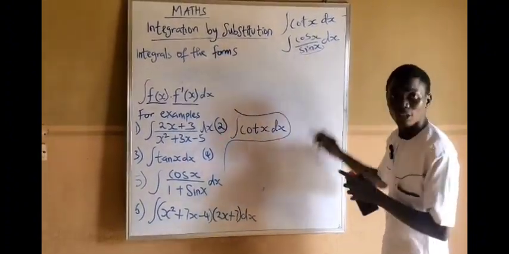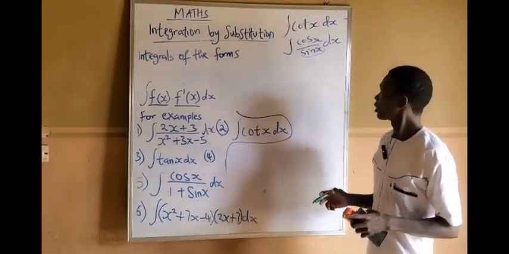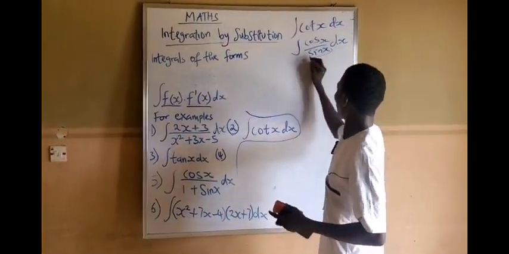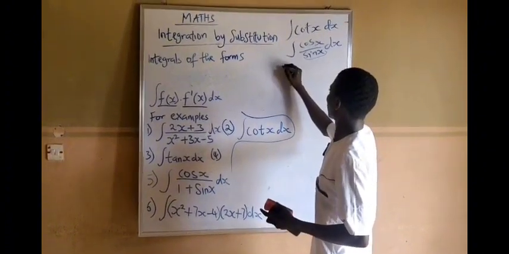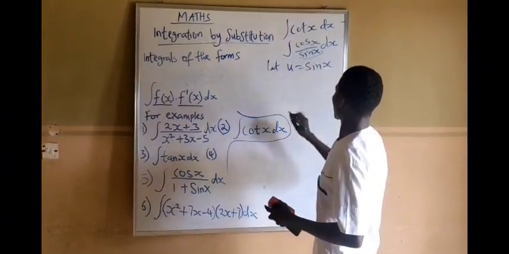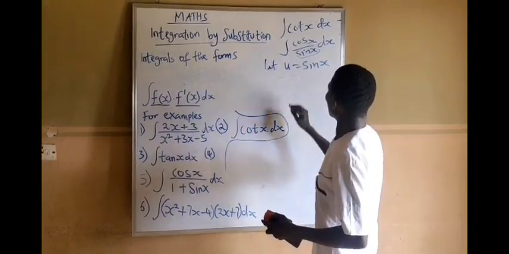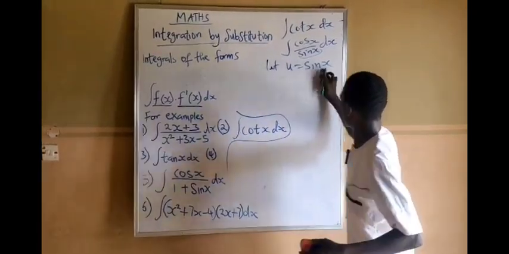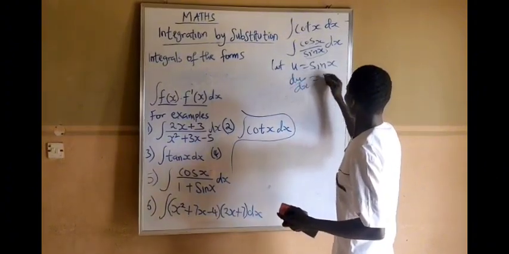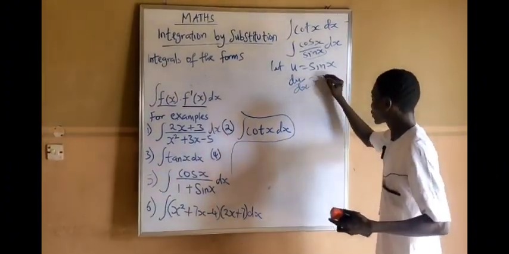So you can use the substitution method. You just say let u equal the denominator, and the denominator is sin x. So let u equal sin x. This u is in respect to x. So you can say du over dx equals what? Whenever you differentiate sin x, it will give you what?